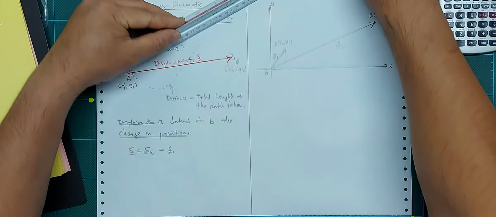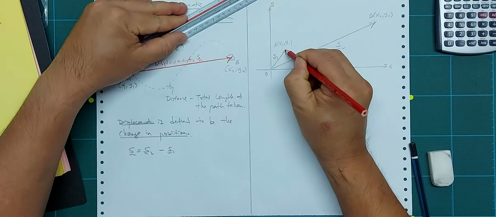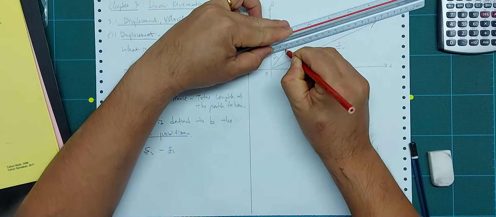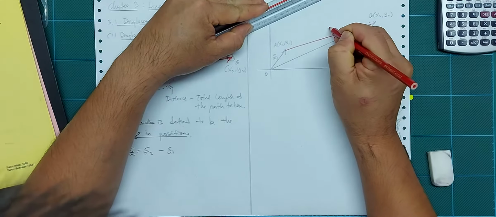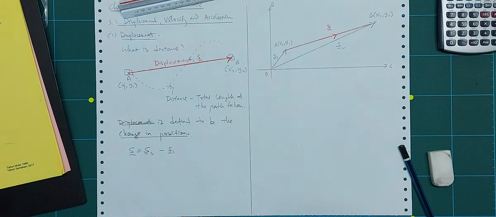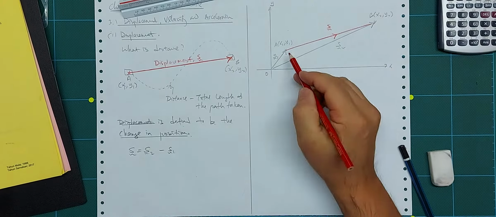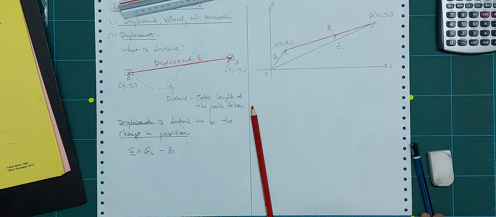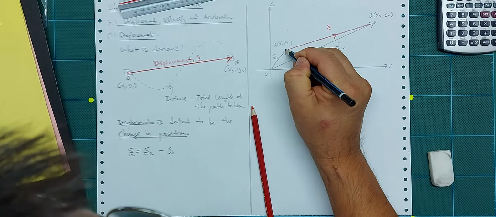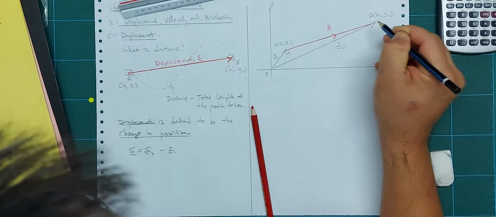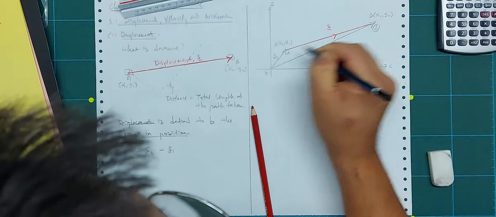So your vector S is from A to B. See, from A to B, this is your displacement from A to B. So how do you go there? This point is your initial point, and this point here is your final point.